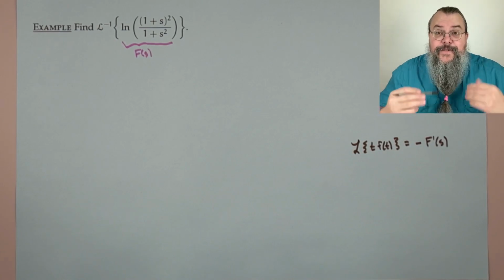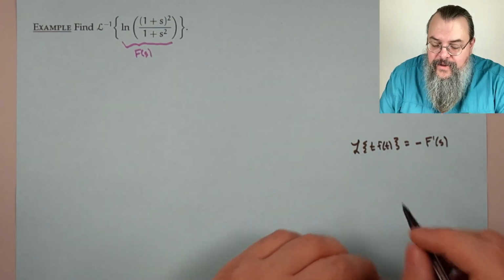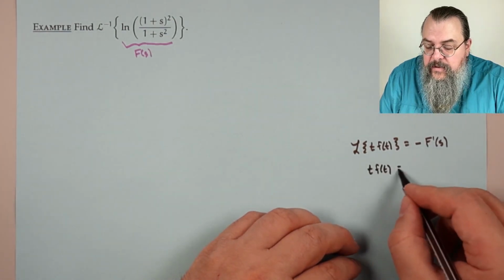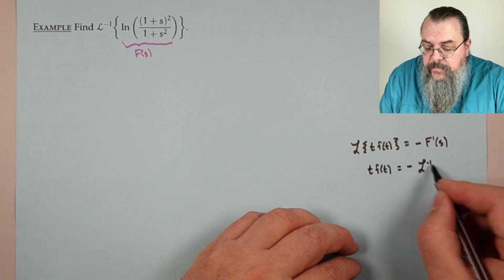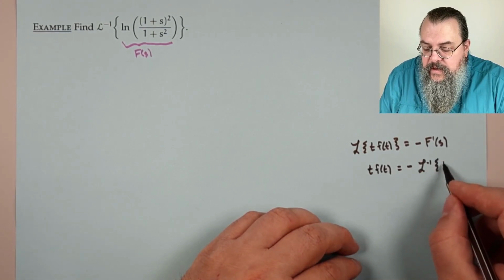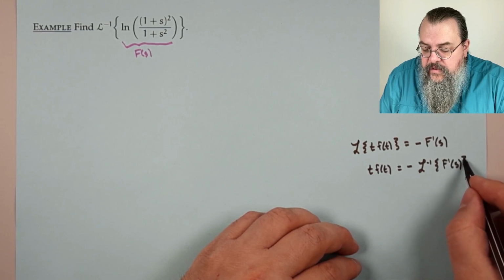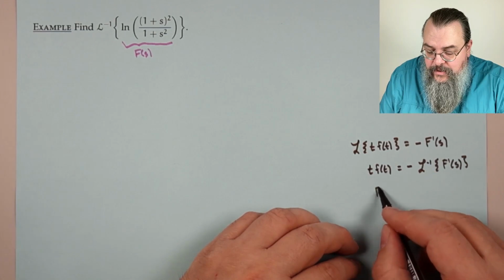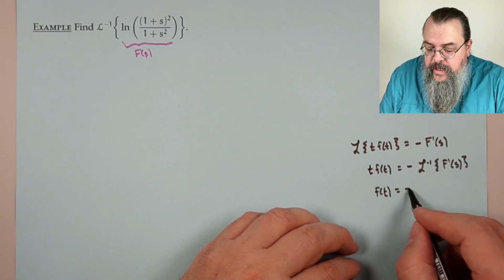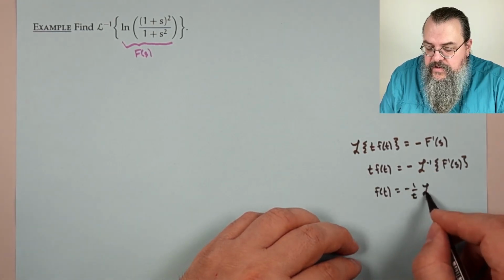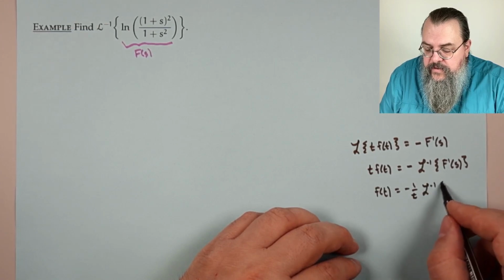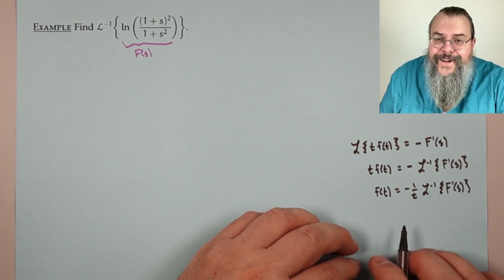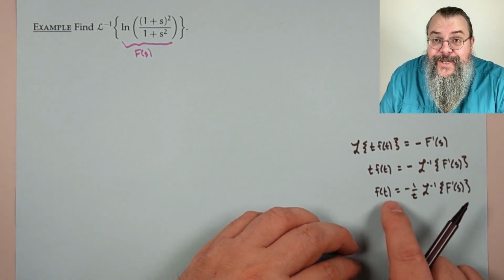So let's take the inverse Laplace of both sides. We'd get that t f of t is minus inverse Laplace of f prime of s. All right, well, we can move the t across. So f of t is minus 1 over t, inverse Laplace of f prime of s. And you're like, okay, well, what is that? What is f of t?